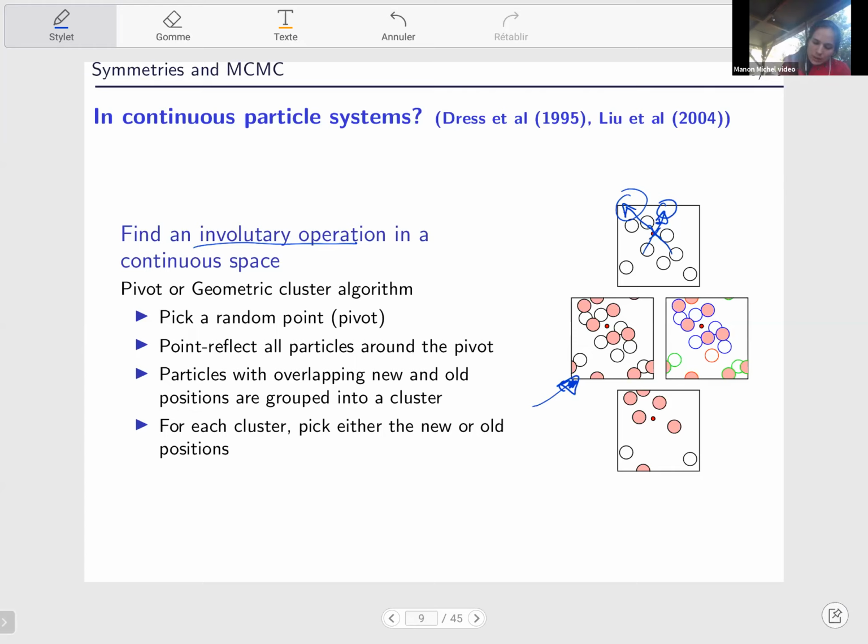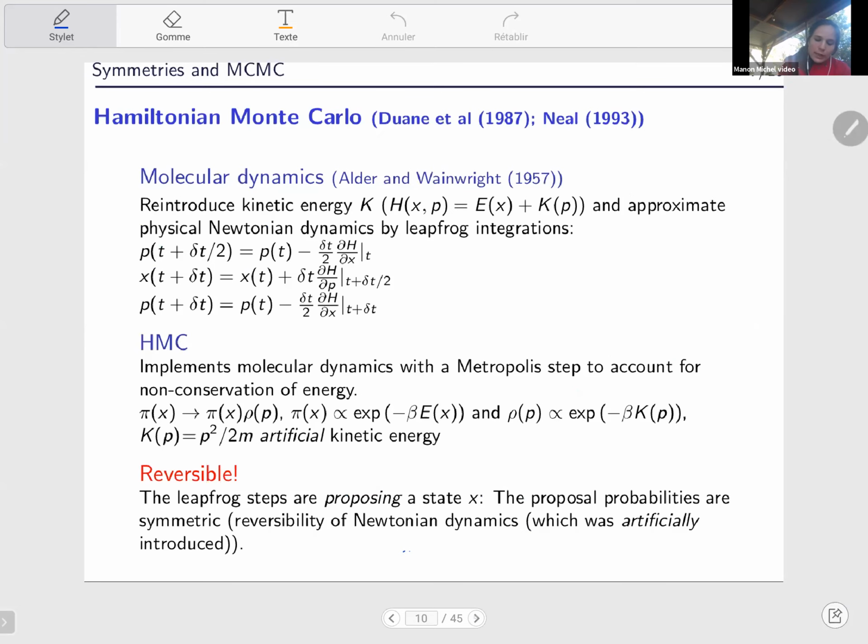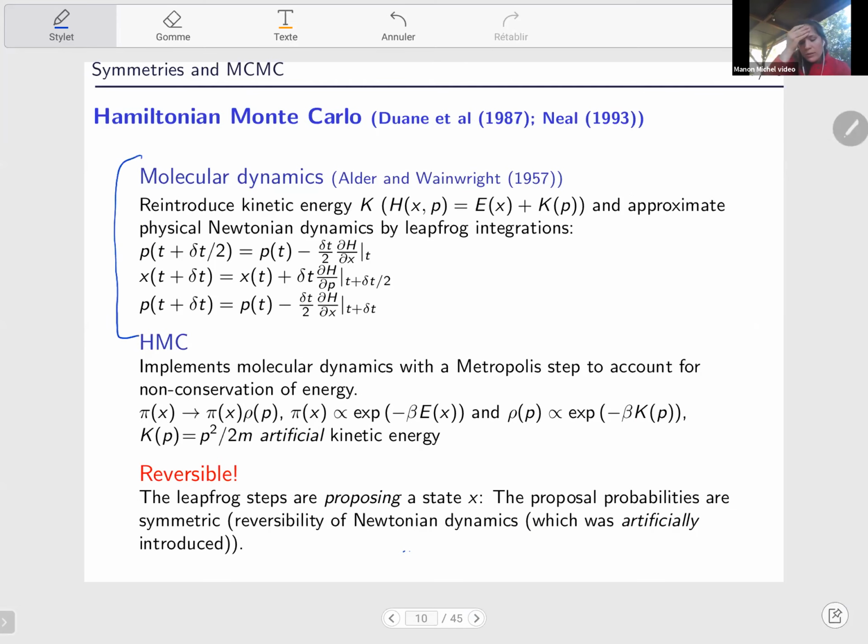But this was again the idea that you need to find some kind of symmetry in your proposal to have a correct algorithm and an efficient one. If you look at Hamiltonian Monte Carlo, it's also a bit the same thing. Molecular dynamics, done first by Alder and Wainwright in the 50s, was the idea to discretize the Newtonian dynamics.